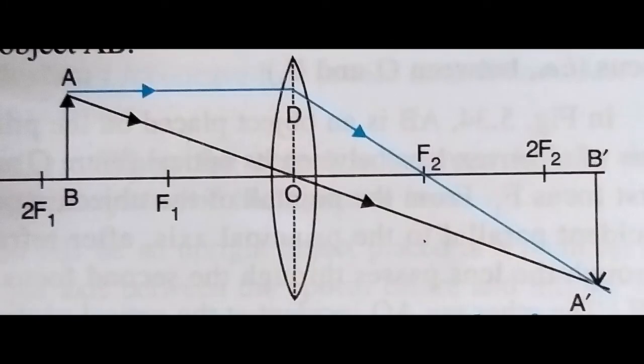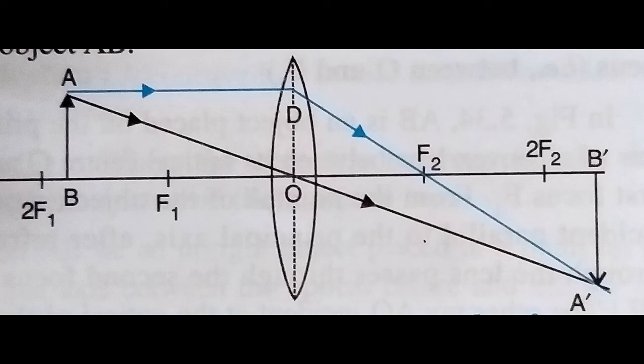Here comes the fourth case, where the object is placed in between the 2f1 and f1, in between the focus and double of the focus on the left hand side of the lens, and you can easily see here the image is formed beyond 2f2 on the other side, and that is the real side of the image. Okay, so here you can understand the characteristics: the closer you are to the lens, the image will go beyond the lens.